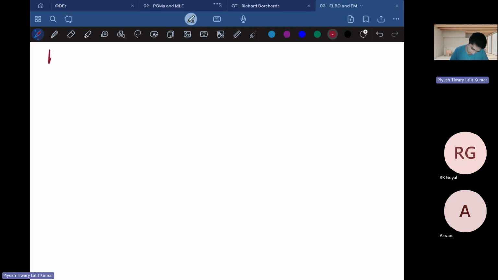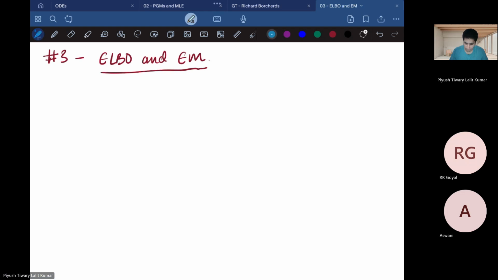I think ideally this is lecture number 3, right? So this is ELBO and EM. At least first let's see ELBO, and EM you'll see also. So this is what we will see. Okay, so let's start.